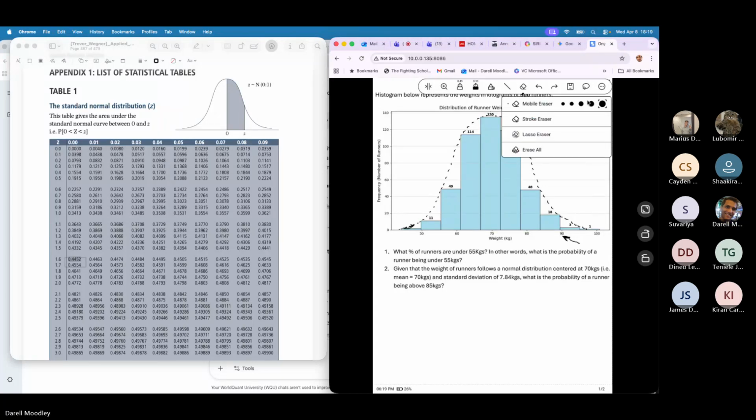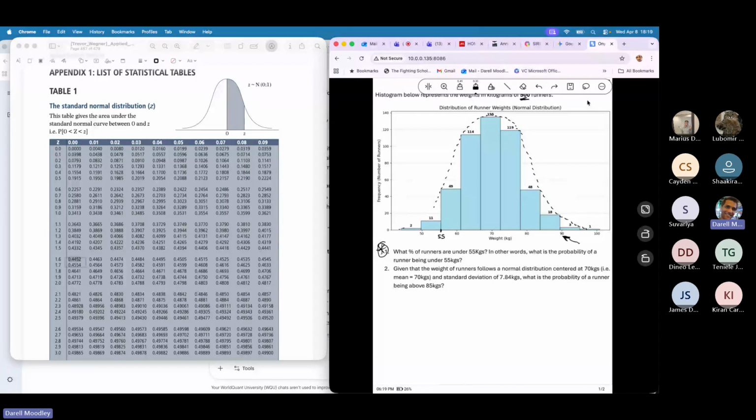For the first question, based on this information, take a guess, I want you to try this out: what percentage of runners are under 55 kgs? If you look at the x-axis, the horizontal axis, 55 is round about here. So what percentage of runners weigh under 55 kgs?